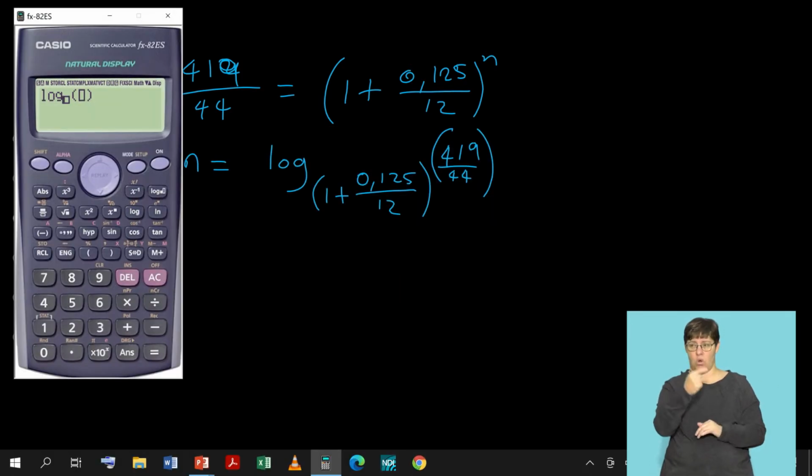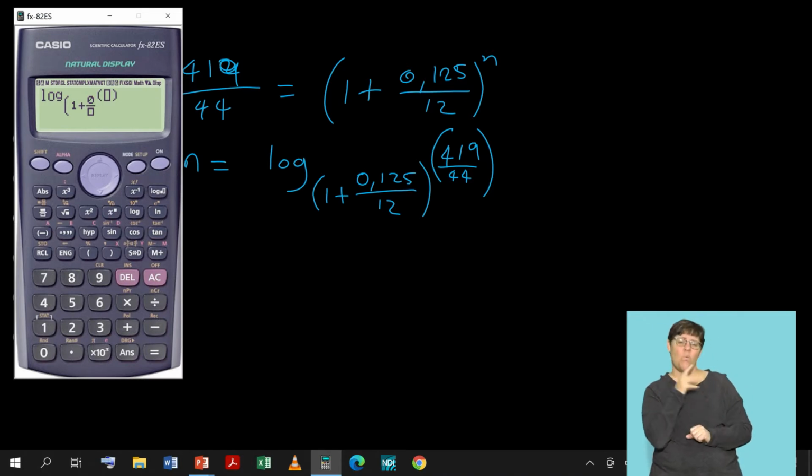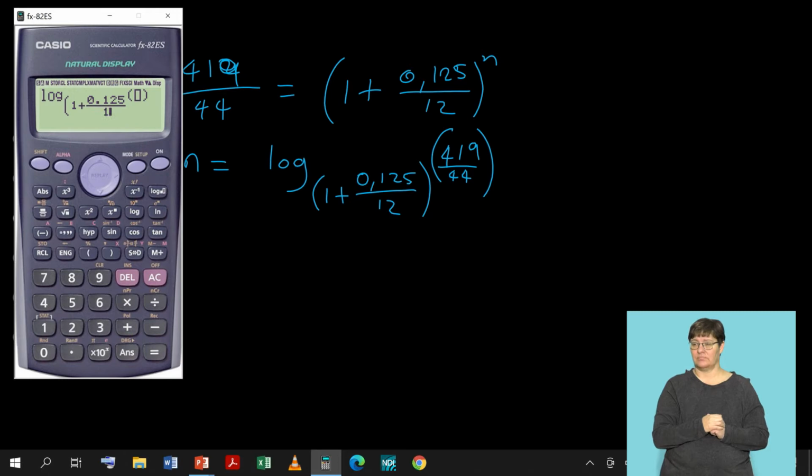And you can see I'm still trying not to round off my answers and write them as decimals, because it's really going to confuse the final answer. All over 12. Let me close this bracket. Then here I will have 419 over 44, and this will be equal to 217.